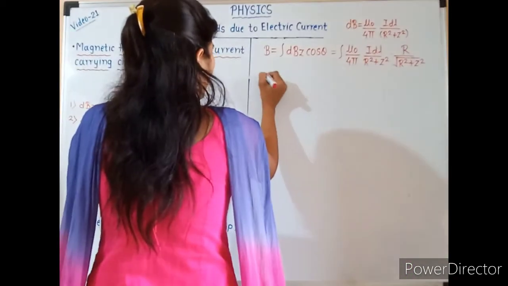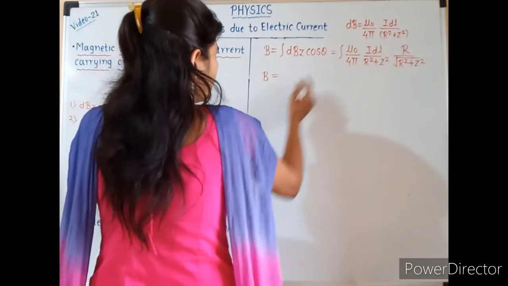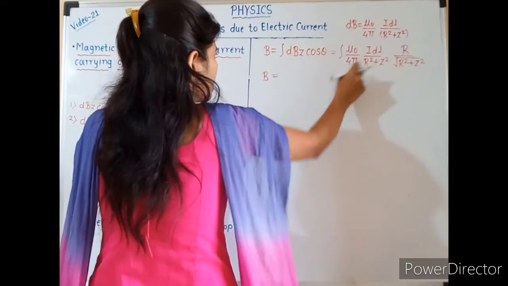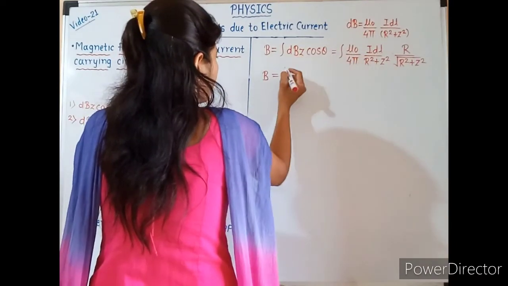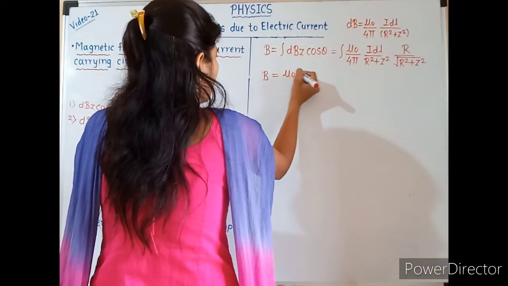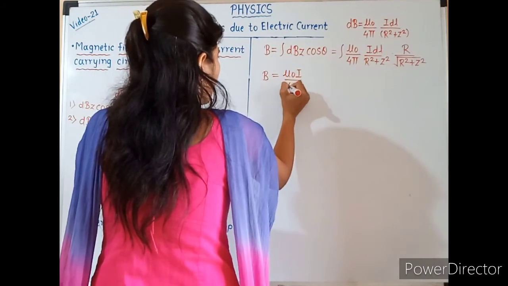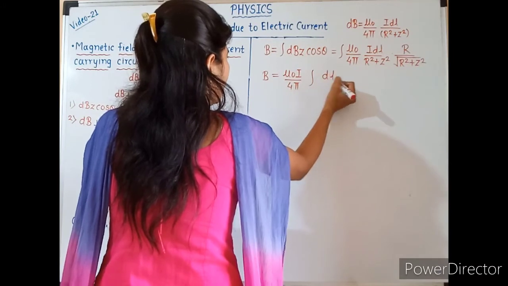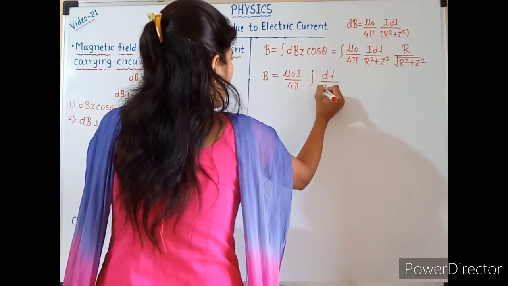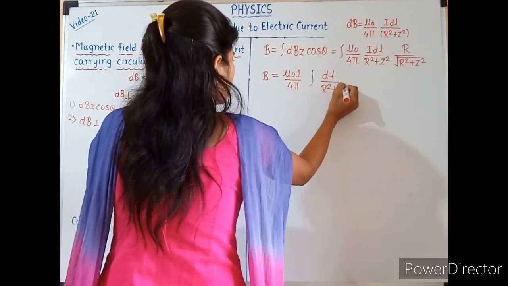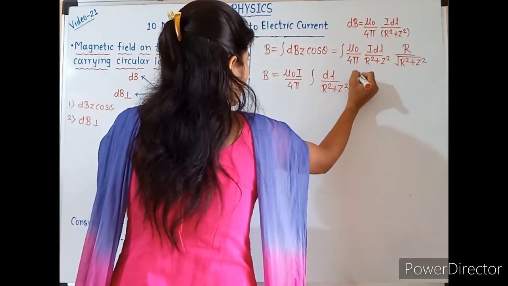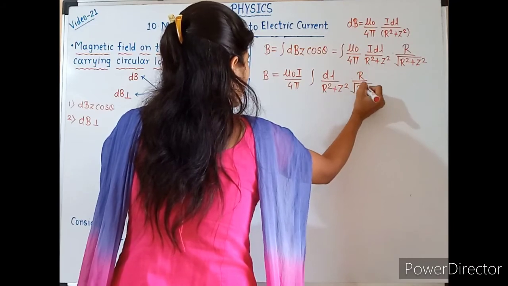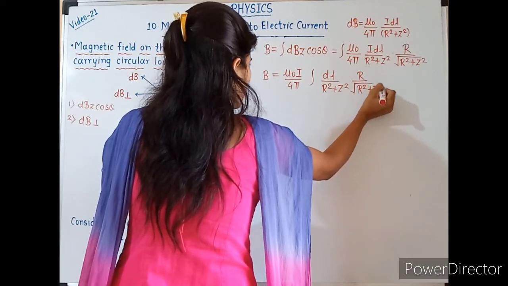Now magnetic field B is equal to mu 0 upon 4 pi I; all these terms are constant, so take them outside the integration sign, we get mu 0 I upon 4 pi integration of dl upon r square plus z square into R upon under root of R square plus z square.